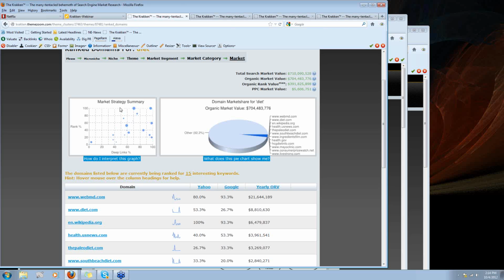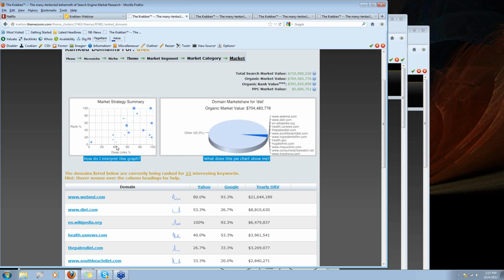For the market strategy summary, just in your mind, split this at the 50% here and the 50% here. If you've got a lot of big bubbles up in this quadrant, forget about it. It's really competitive, with a lot of heavy hitters. The bigger the dot, the heavier the hitter.